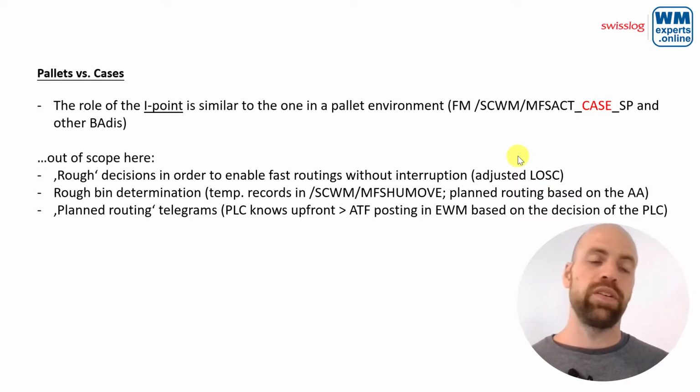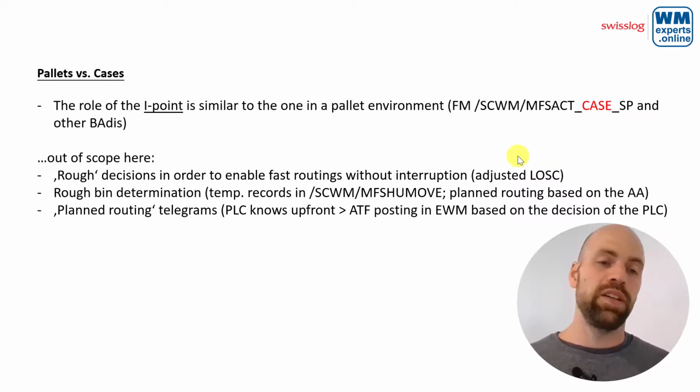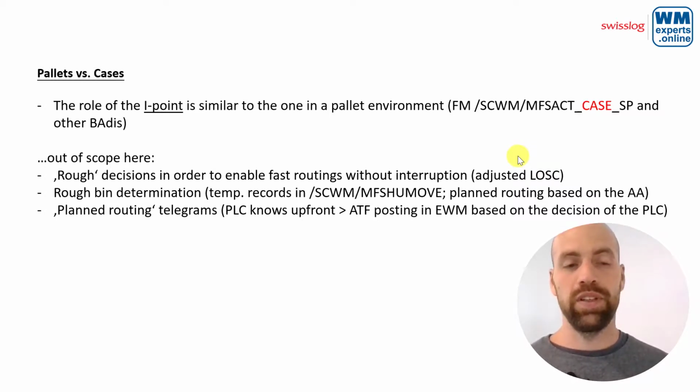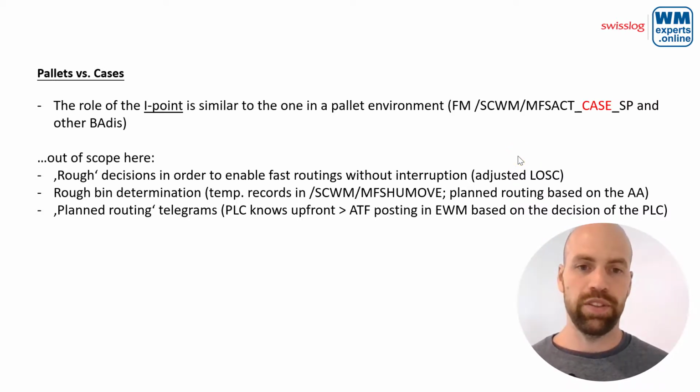So if you understood the concept here, you won't have issues understanding the differences that occur in a case environment. And as I said, maybe I will drop another video within the next months to highlight those differences.